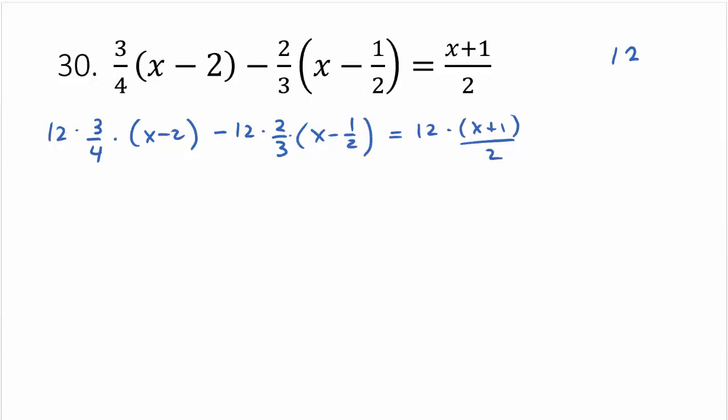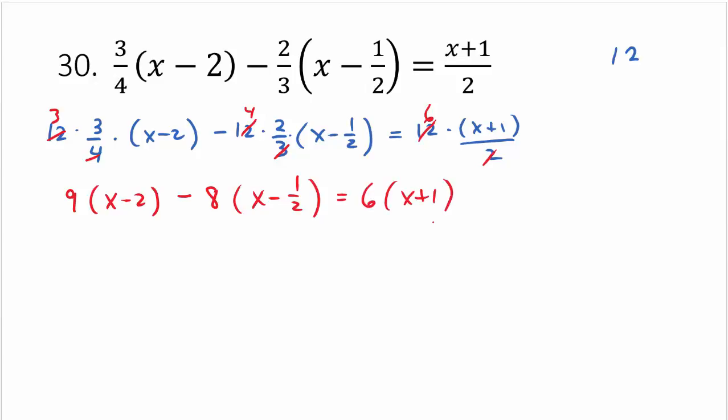And now simplify each one. Here we get a 3 on top, so that's 9 times (x minus 2) minus, here we get a 4 on top, so that's 8 times (x minus 1/2) equals, here we get a 6 on top, 6 times (x plus 1).